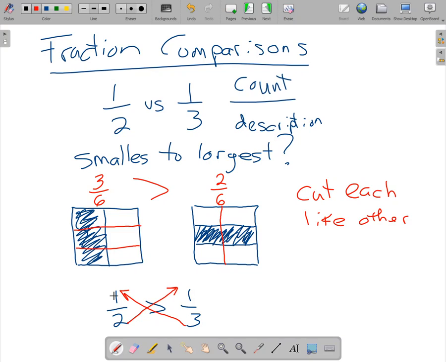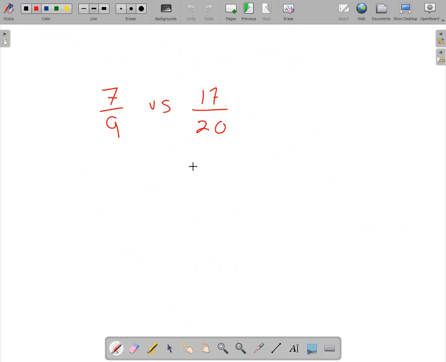What's 3 times 1? 3, and 2 times 1 is 2. I'll show with a simpler example in a minute. So my belief is that if I apply a similar thing here, 20 times 7 is 140. 9 times 17, ooh, that's a harder one. That would be 90 plus 63, 153. If I did that right?